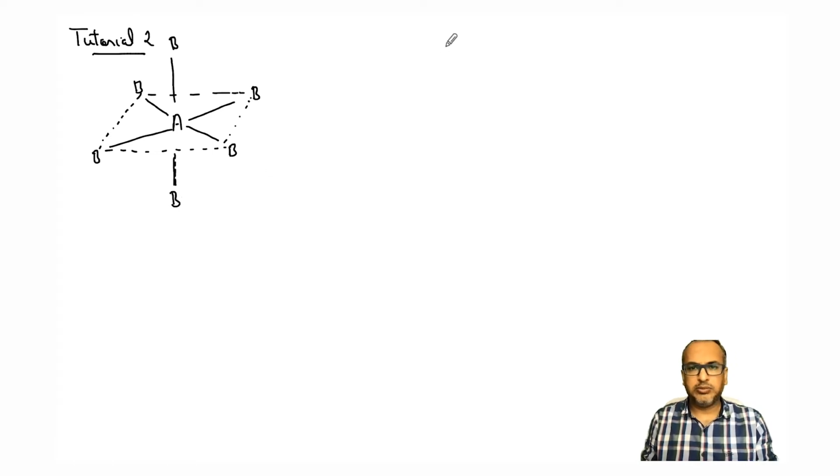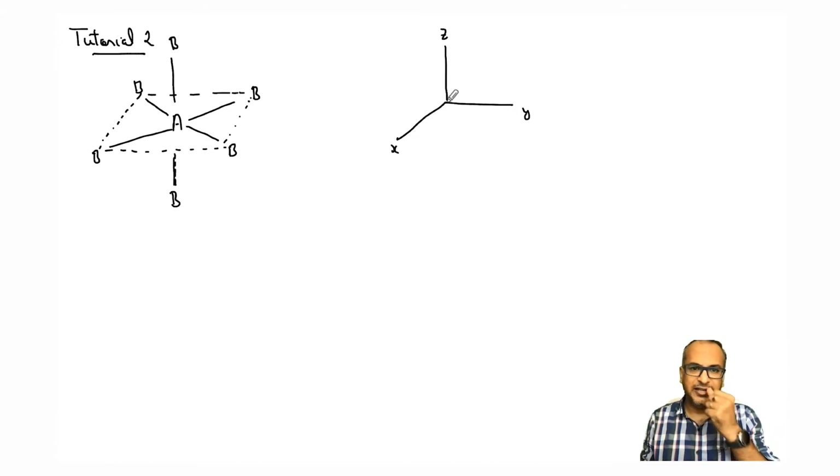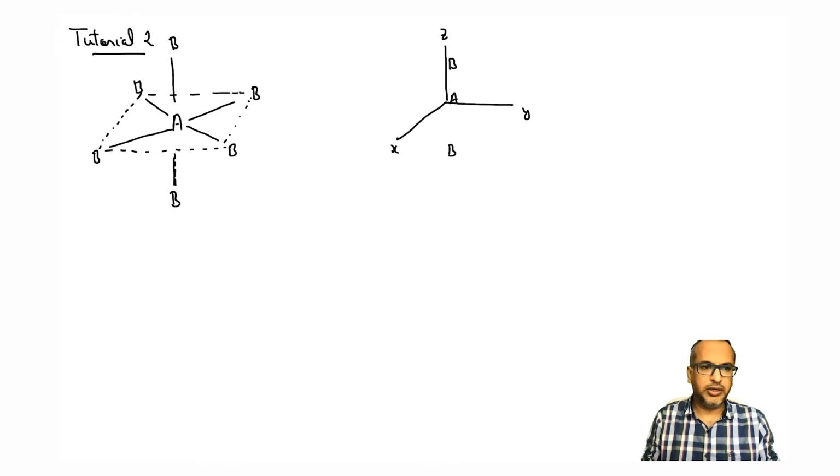So now this is my XYZ. This particular molecule is rather straightforward. I mean, it looks complex, but it's straightforward in the sense that the A goes in the center, and then you have B on the top and B at the bottom. Let me draw the bonds with different colors.